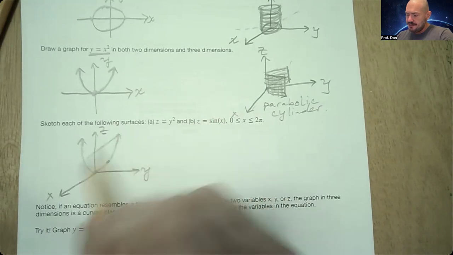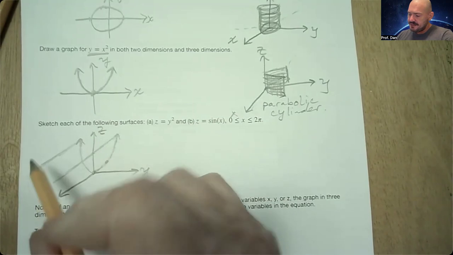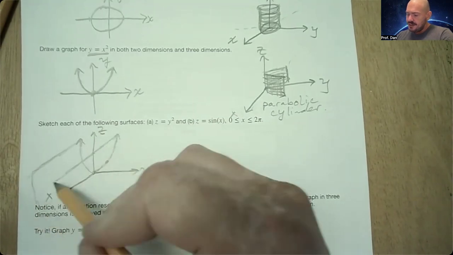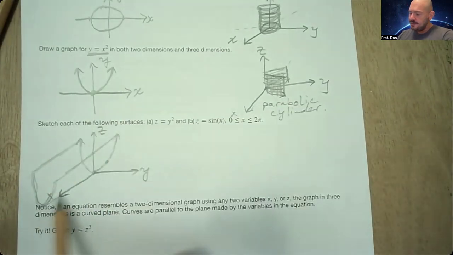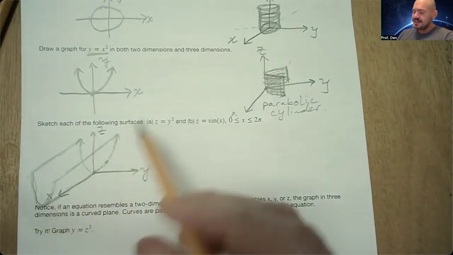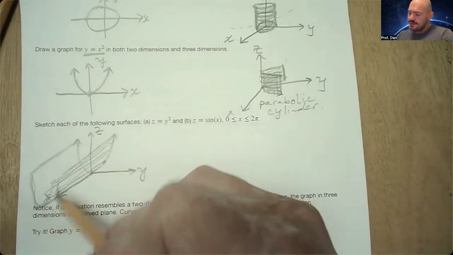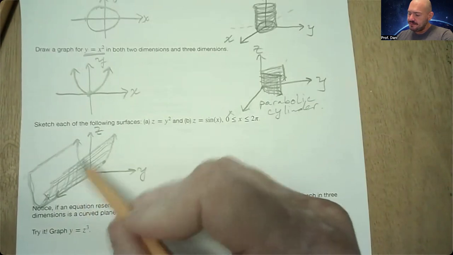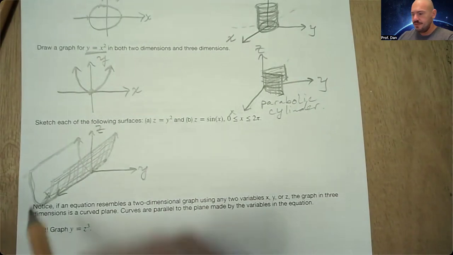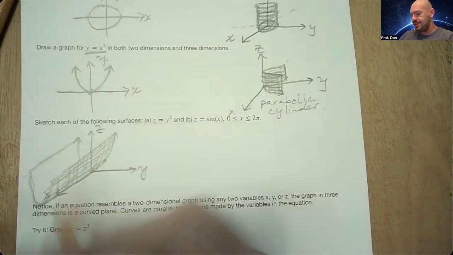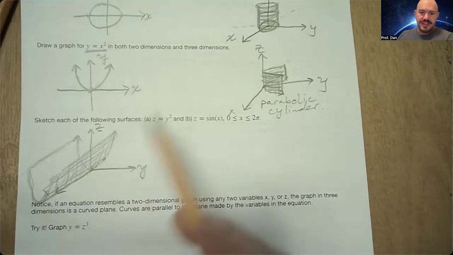So if I were to just finish drawing out the tops of these, finish drawing out the parabolic part, and make sure I have my boundary right there on the x-axis, this is what I end up getting for part A. All right, so that's like a taco shell or a parabolic cylinder going along the x-axis.